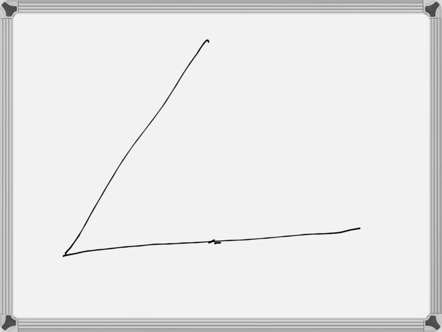So what we're looking at here is just that one. Here's the idea: this is going to be theta is equal to theta sub i minus 1, and this is going to be theta is equal to theta sub i.